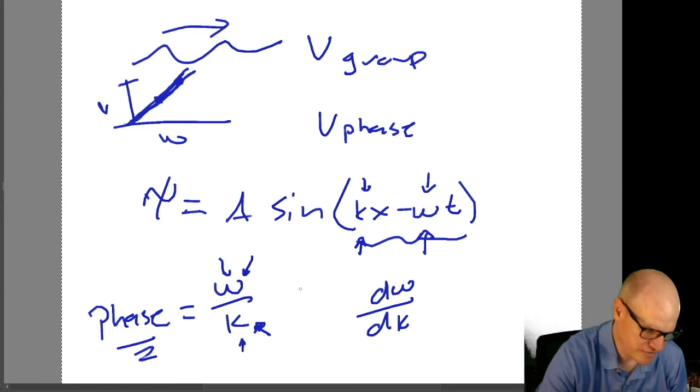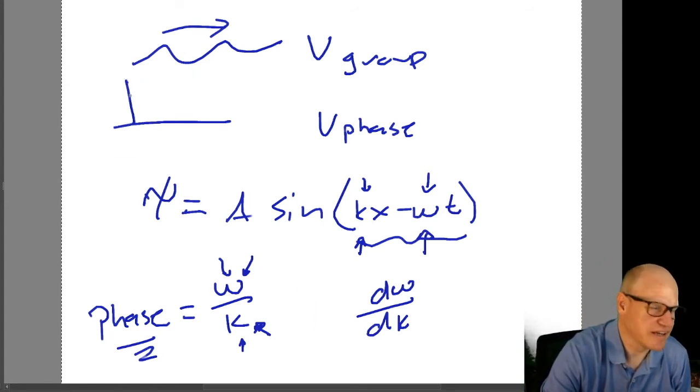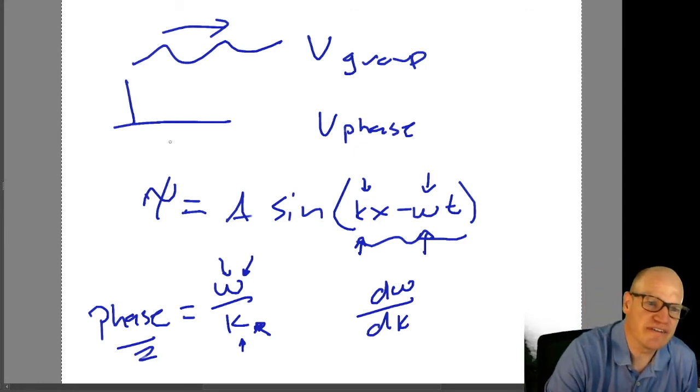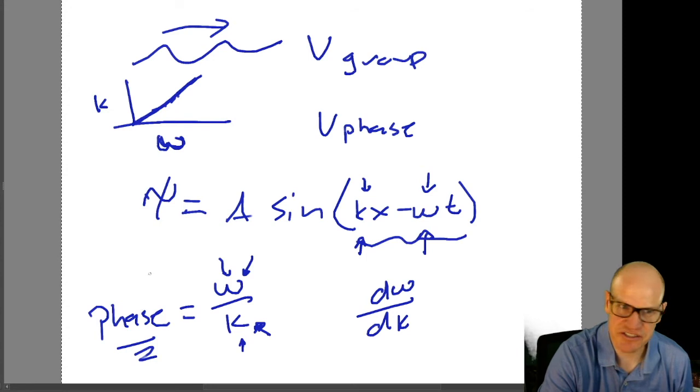Anyways, here we go. All this is going to be broadcast to the world. You have omega and you have k, for example. If you have something that looks like this, each of these phase velocities is going to be that ratio. And you'll notice that the ratio is always going to give you the same phase velocity.